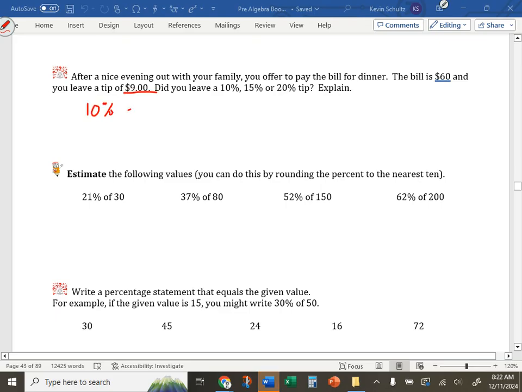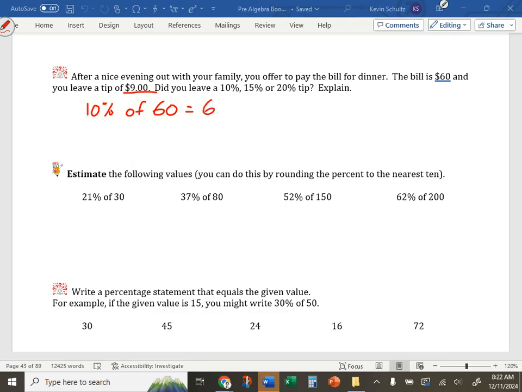What is 10% of 60? 6, right? 10%, those should be automatic, because it's asking you what goes into this number 10 times. In the case of 60, 6 goes into 60 10 times, right? So was the $9 a 10% tip?